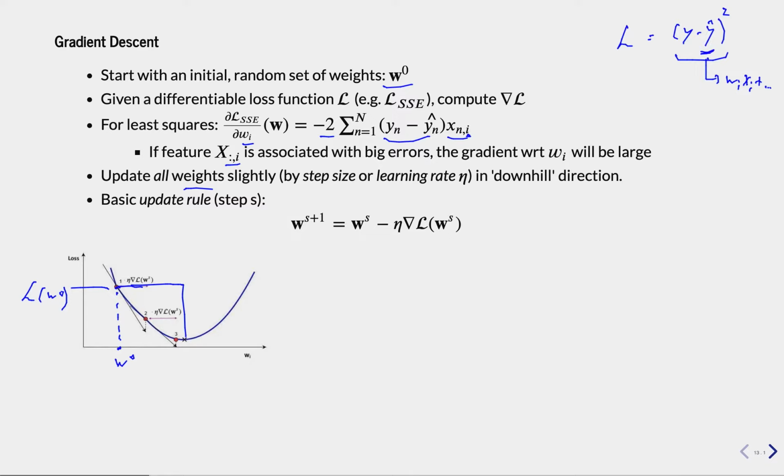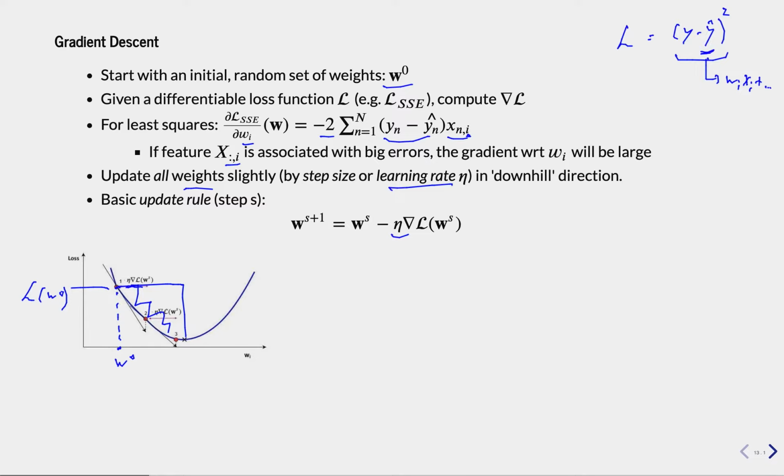But it's typically more useful to attenuate this by some factor eta here, which is called the learning rate, because we've learned from experience that if you take many small steps, this is typically better than taking very big steps, because if you take big steps, you can more easily get stuck.